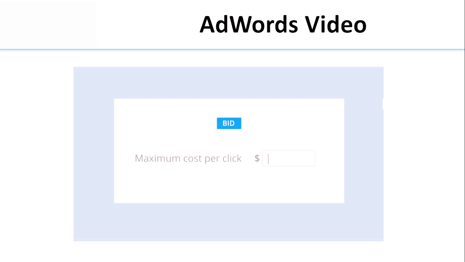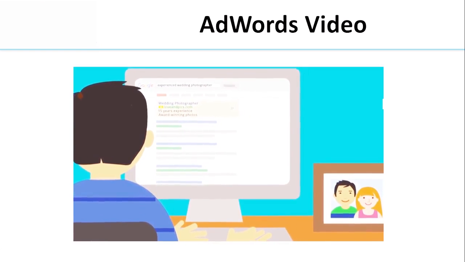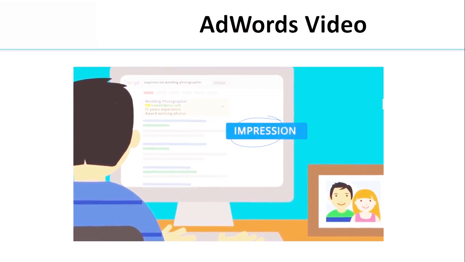Bids and budget are different. Your bids affect how much you'll spend each time someone clicks one of your ads. Your budget affects how much you'll spend each day on your entire campaign, which influences how often your ads are shown. As it turns out, Brenda's ad appears on Owen's search results page. This is an impression.